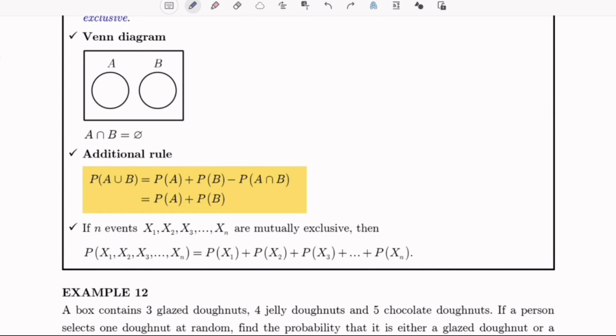Since the probability of A intersect B is 0, then the probability of A union B is equal to the probability of A plus the probability of B. If n events x1, x2, x3, up until xn are mutually exclusive, then the probability of x1 union x2 union x3 up until xn is equal to the probability of x1 plus the probability of x2 plus the probability of x3 up until the probability of xn.